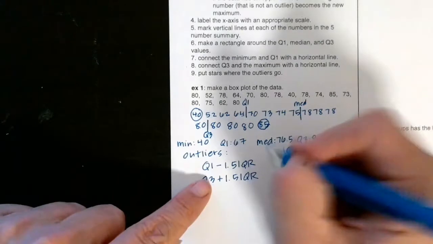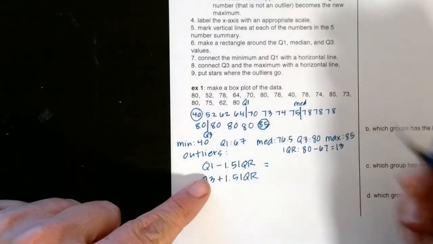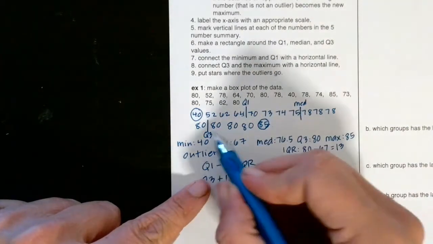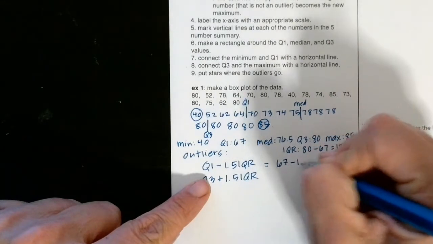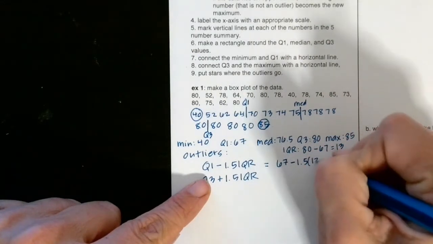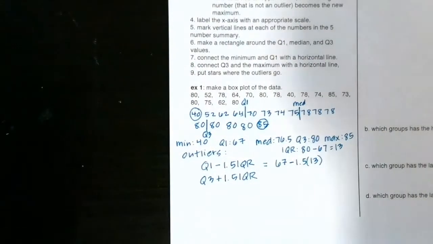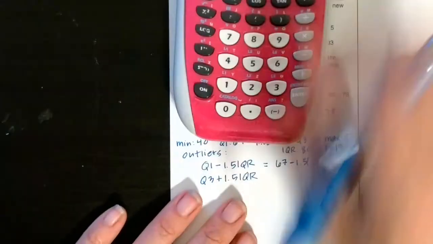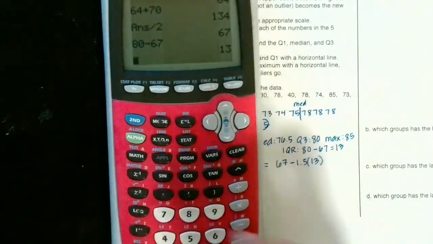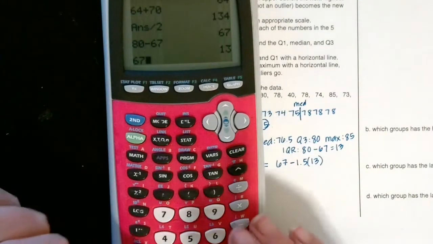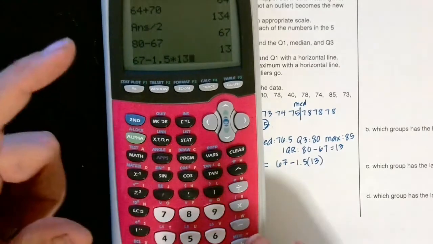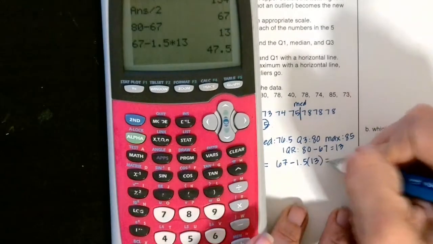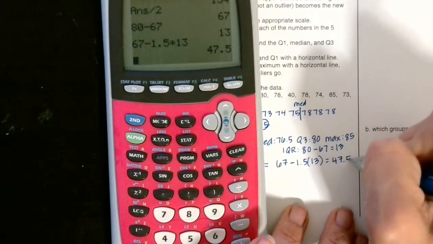So then to see what the boundary is, we are going to take Q1, which is 67, and we're going to subtract 1.5 times that 13. And this is going to give us a boundary, and anything less than that boundary is considered an outlier. So 67 minus 1.5 times 13 gives me 47.5.